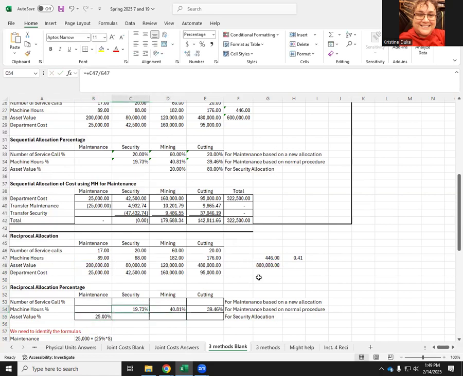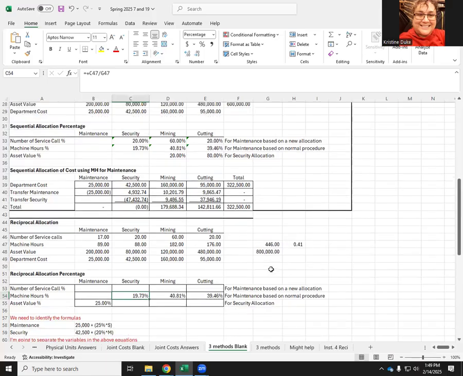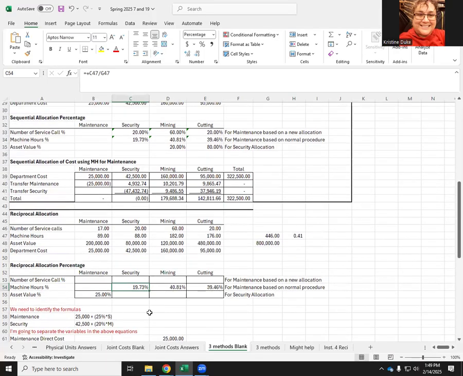This one actually should be a 20%. The book wants you to do that one, so I may just go in here and figure out the other one. Plus 120 divided by 800,000 plus 480 divided by 800,000.